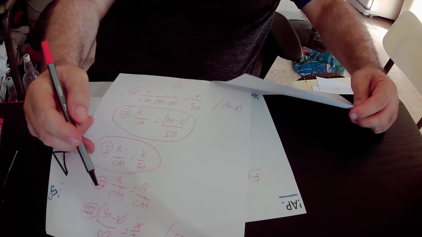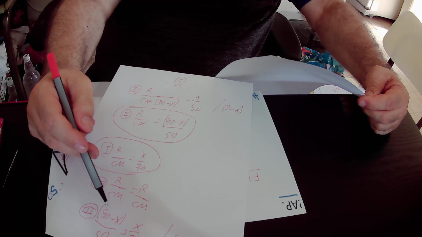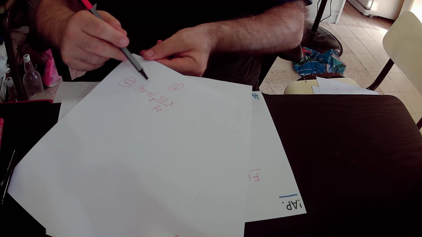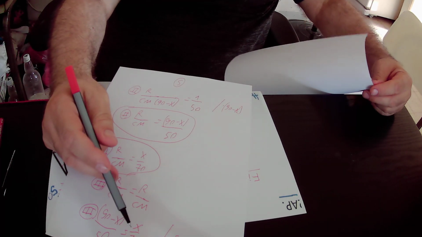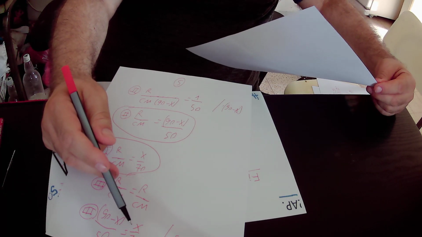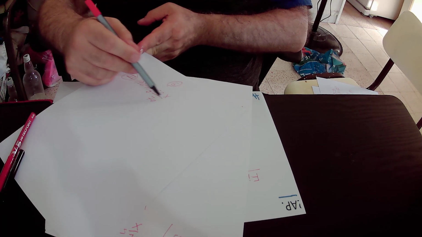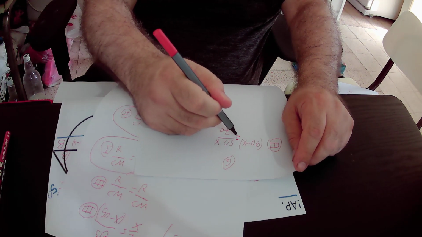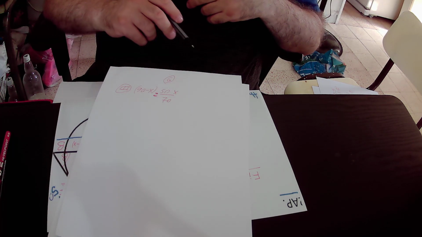So here 90 minus 6 divided by 50 times 50 equals 90 minus 6 because 50 is cancelled, and x over 70 times 50 equals 50x over 70. Okay, so we have the equality that 90 minus 6 equals 50x over 70.